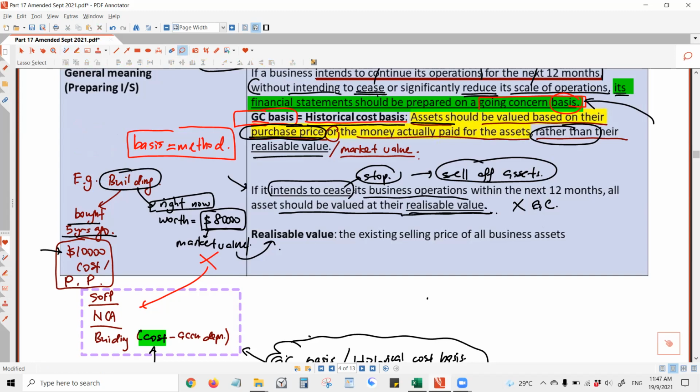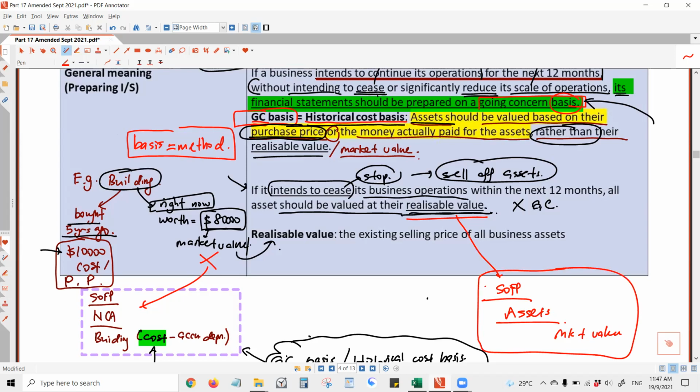So if you wish to close down your business, logically, you should find out the market value for all your assets. At the same time, in your SOFP, all the assets that you present must be at the market value, instead of the going concern basis.